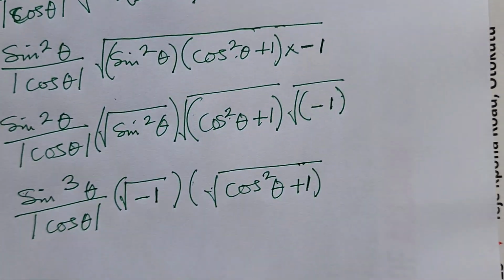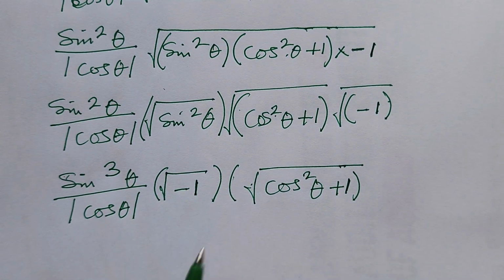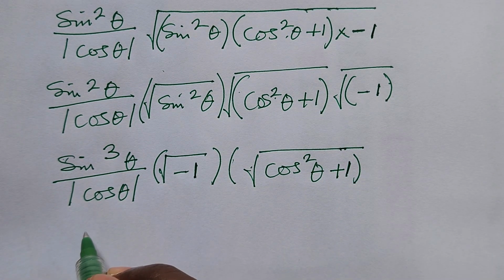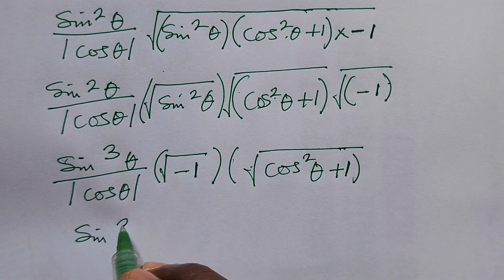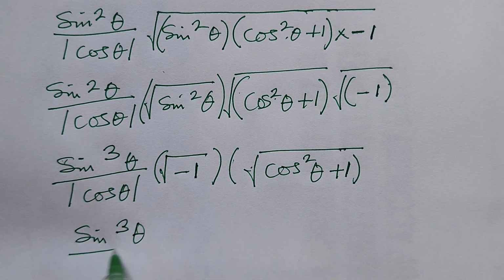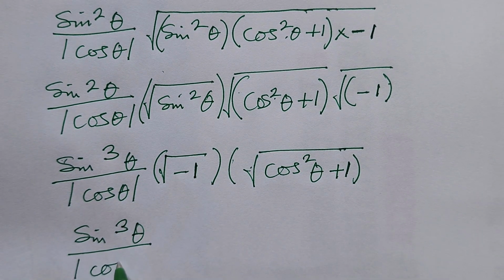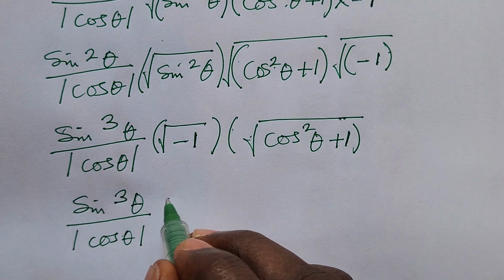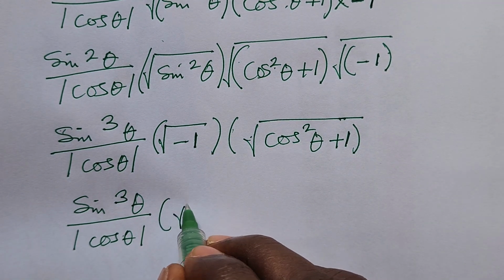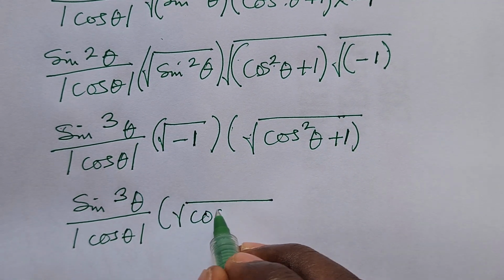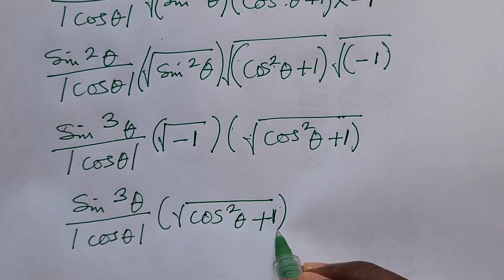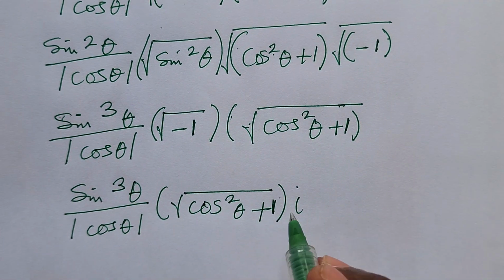So we can bring that into the system to take the place of this. If we do that, we're going to have sine to the power of 3 theta all over the absolute value of cos theta here, then bracket the square root of cos square theta plus 1, close bracket, iota.